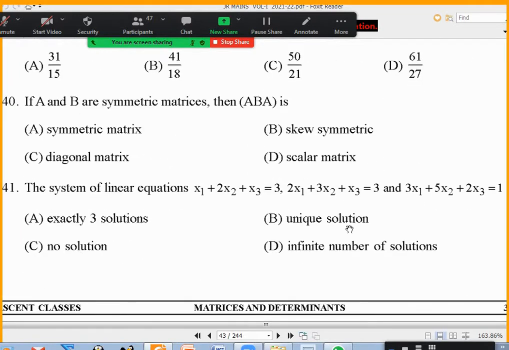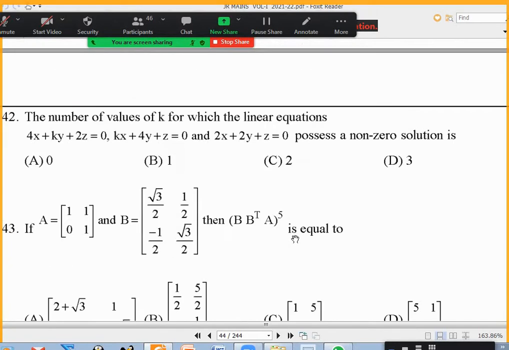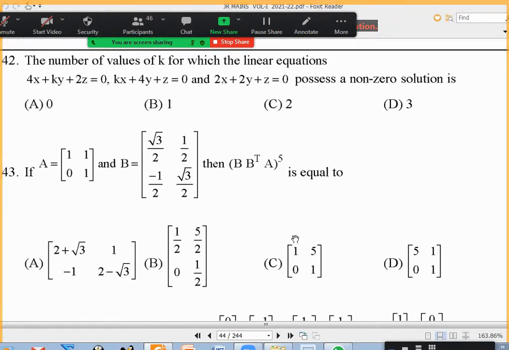Any doubt about 140 or 141? No, sir. No doubt. Okay. 142 or 143? 143. 142. 142 and 3, sir.